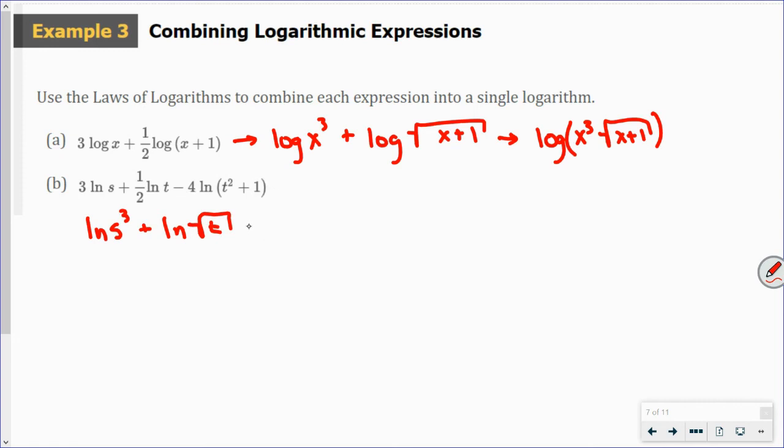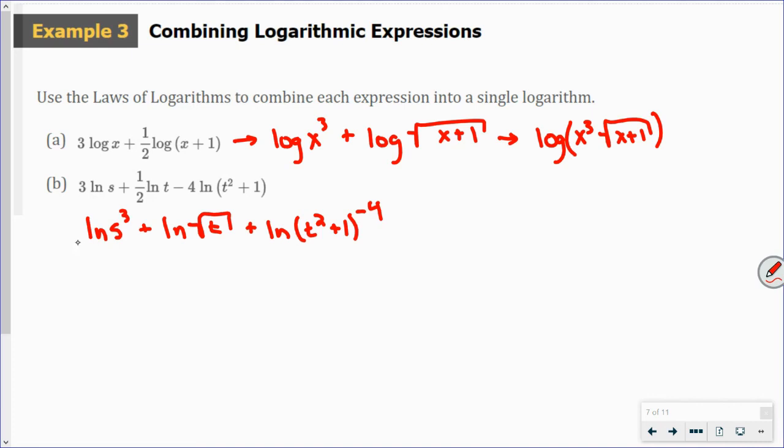It doesn't matter. If we take the negative 4, this would be plus ln of t squared plus 1 to the minus 4. And remember that minus 4 goes on the bottom, so it's division. So the subtraction here is division, but also this negative exponent would be division.